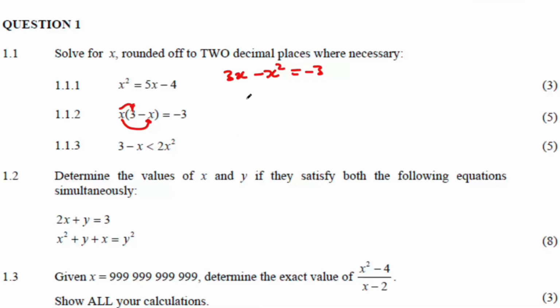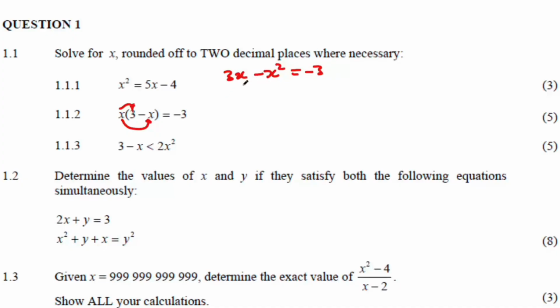The next thing we do, we must choose a side. We're either going to work on the left-hand side or the right-hand side. Looking at this one, because most of the x's are on the left-hand side, I might as well choose the left-hand side, because I'm only going to take one term to the left.